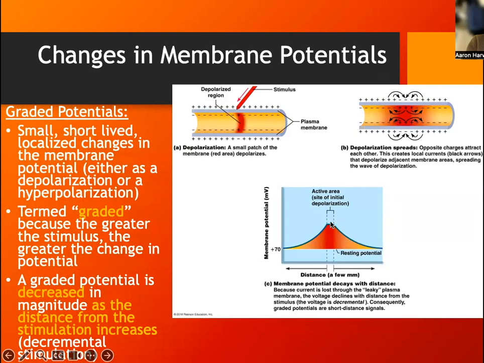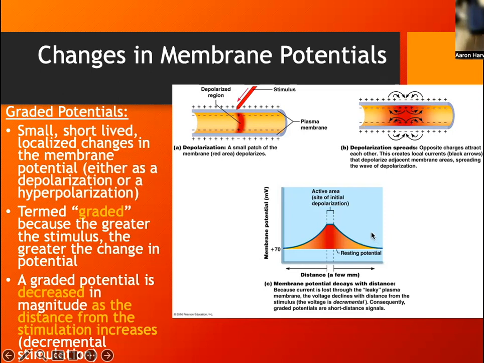It shows that the strength of the graded response is strongest locally, and as you increase distance away from that localized effect, you decrease the strength or efficiency of that signal. So it's decremental stimulation of a graded potential with increased distance.